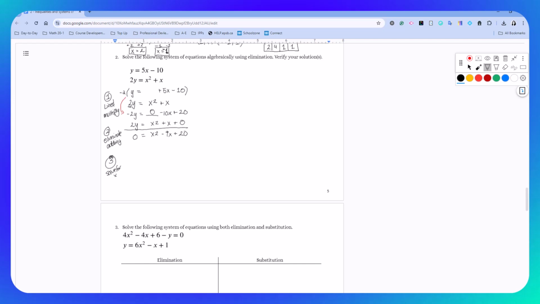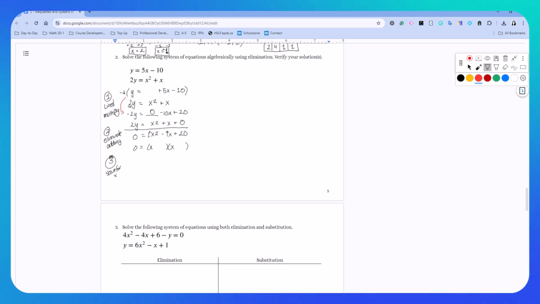And we can do it in a variety of ways. We could factor, we can use the quadratic equation. So because this has small numbers, let's go ahead and factor. Because a equals 1, we're going to use the same method of 0 equals two binomial factors, x times something and x times something.